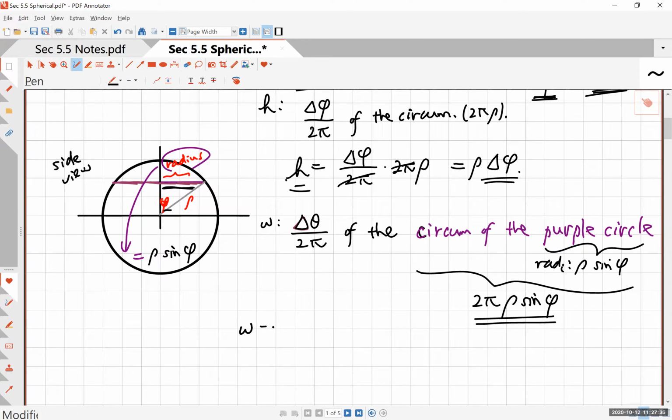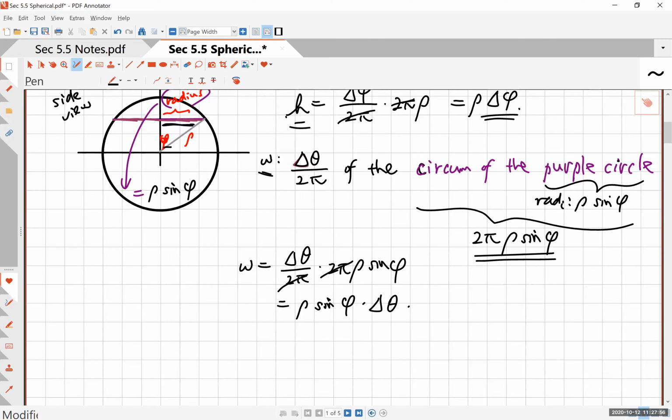And so now W is delta theta over 2 pi times 2 pi rho sine phi. Of course, the 2 pi's will go away. And so this turns out to be rho sine phi times delta theta. Okay, we have all the ingredients we need. We have H, we have W, and we have delta rho, right?